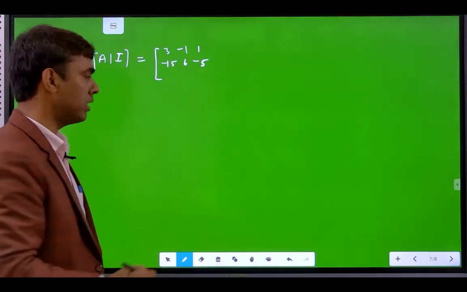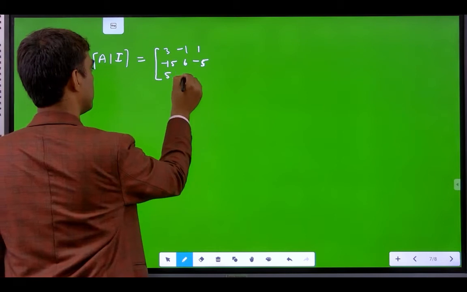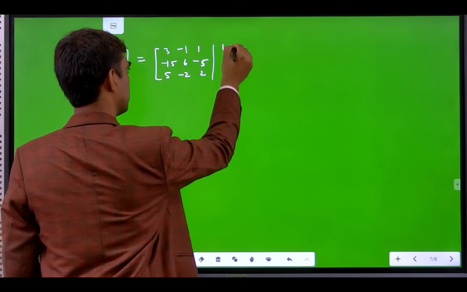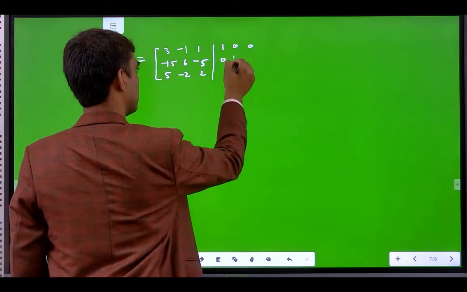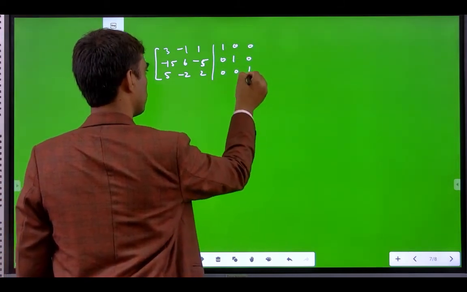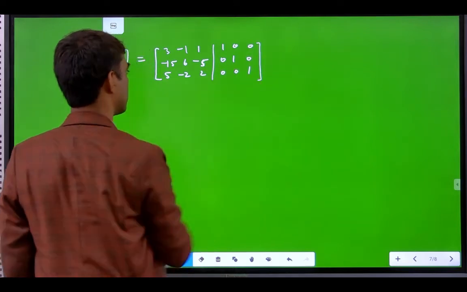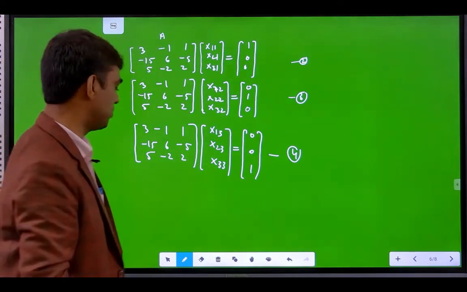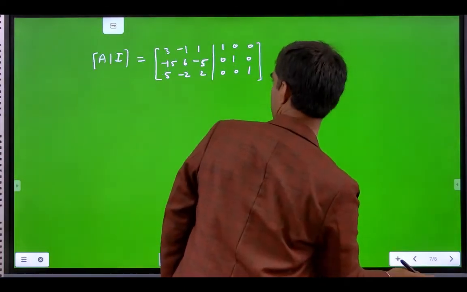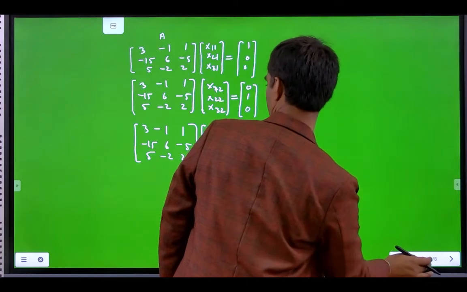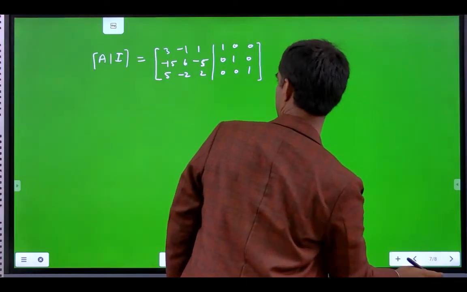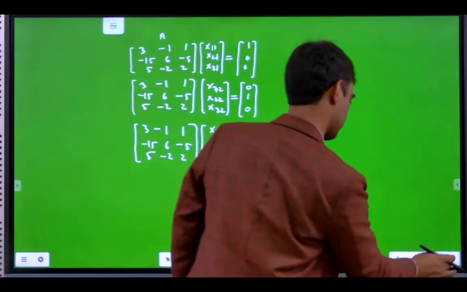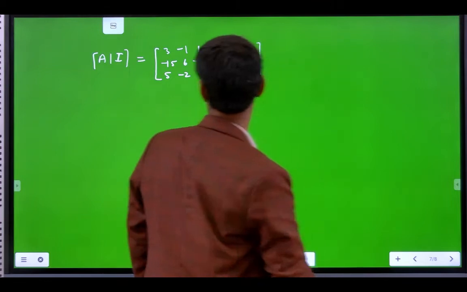After the partition, we write the unit matrix [1, 0, 0; 0, 1, 0; 0, 0, 1]. This is the augmented system. Once we check the values of A: 3, -15, 5; then -1, 6, -2; and 1, -5, 2. Okay.